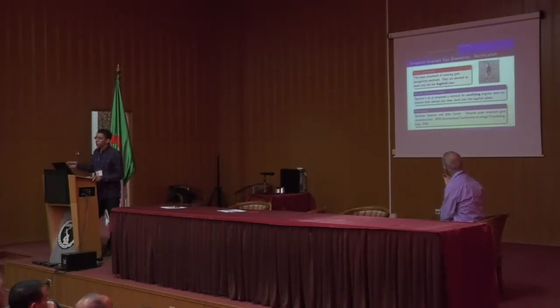The previous methods I was talking about were limited to the sagittal view, meaning the person is walking normal to the camera. However, if you want to work in a surveillance scenario, we're not in a position to ask people, hey, you need to walk in front of the camera.